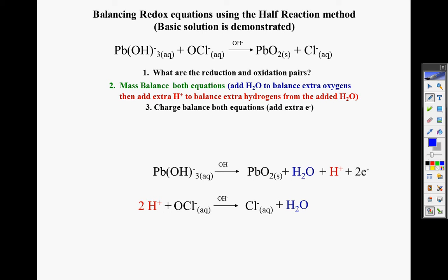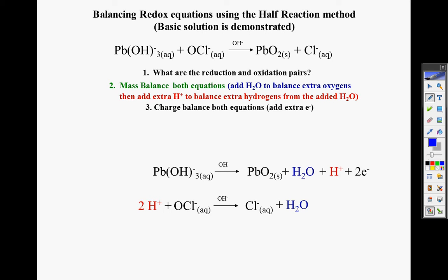Aha! Give yourself a little shoulder brush there. Because the left side has a -1 and the right side has a +1, how do you get the charge to be the same?